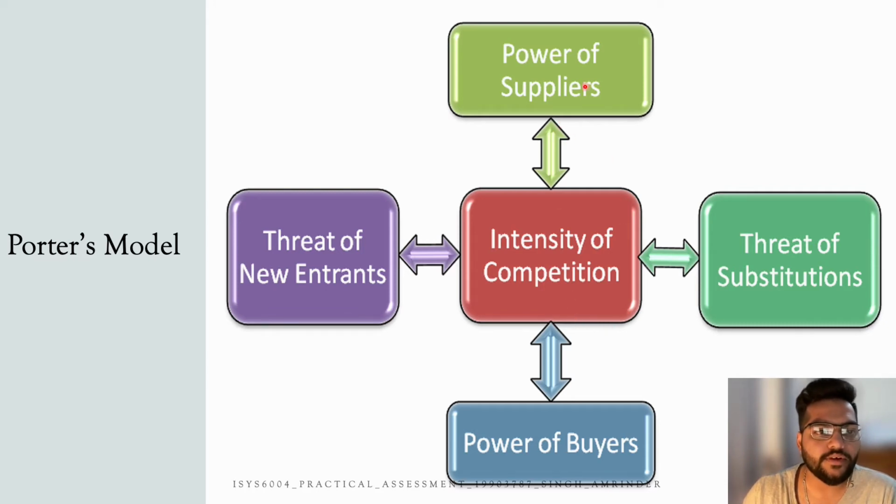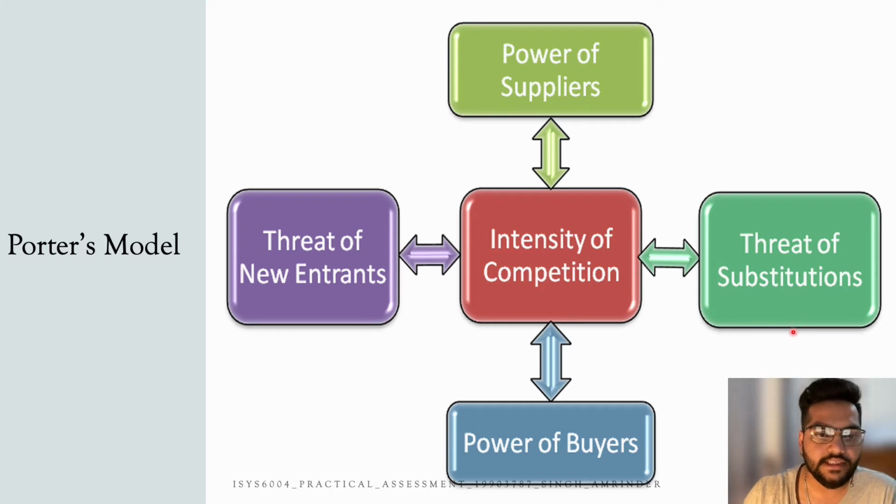And the next one is power of the suppliers, because suppliers are the important people who supply the raw material to the company so that the company can make the final product and sell that to the buyers. And the next one is threat of substitutions. Substitutions are substitutes of other products.